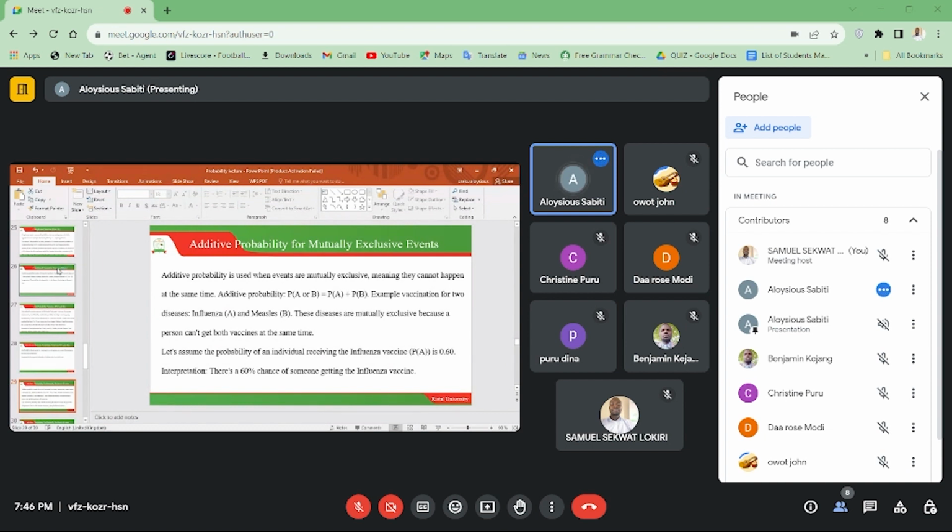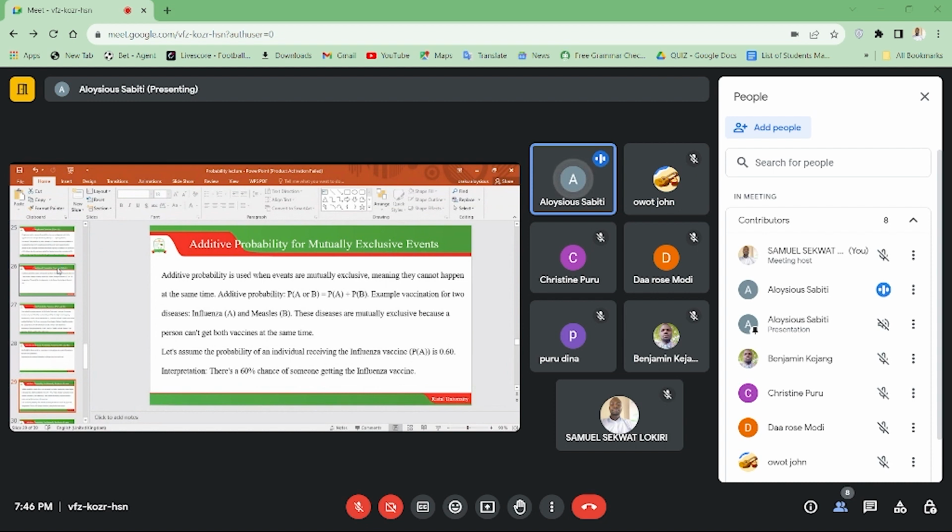For example, looking at a single pregnancy, you cannot have a live birth and a death at the same time. So it is one event at a time. In additive probability, it is either A or B, either a win or a loss. So that is what additive probability means.